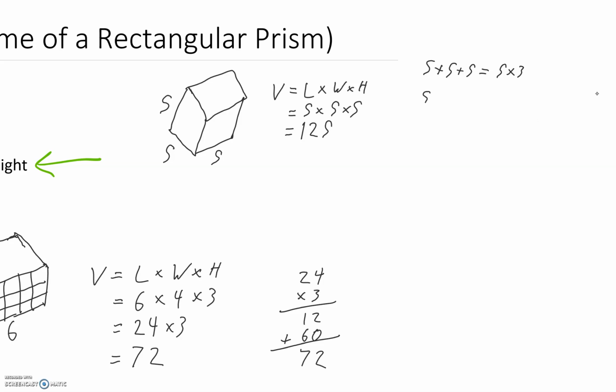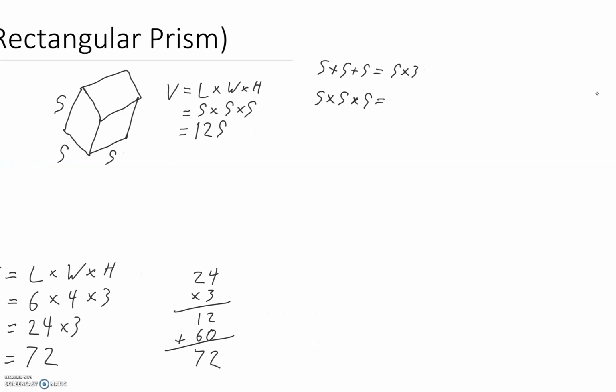But when we see repeated multiplication, it's not the same as multiplication just by itself. What we have to do is this cool function. So 5 to the third, or 5 cubed. Some of you may have heard of this: 5 times 5 is 5 squared.